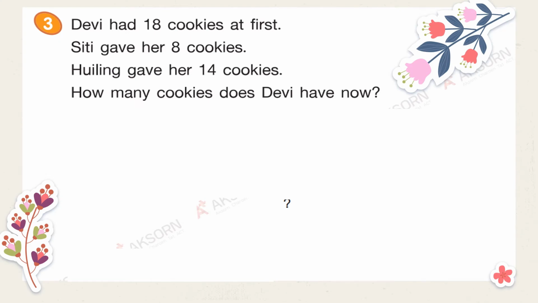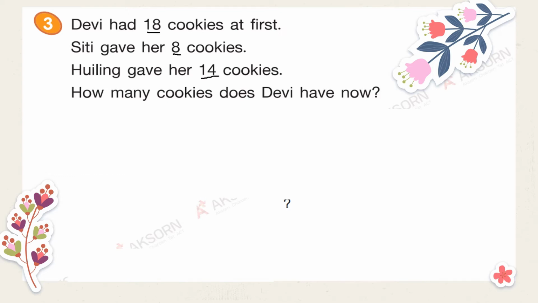Next, Debbie had 18 cookies at first, and Titi gave her 8 cookies. Quilling gave her 14 more cookies.